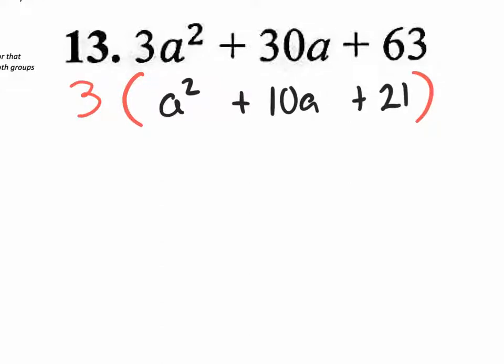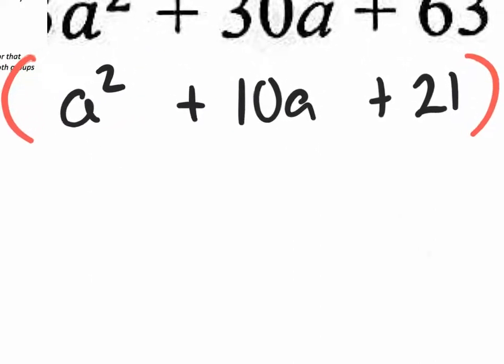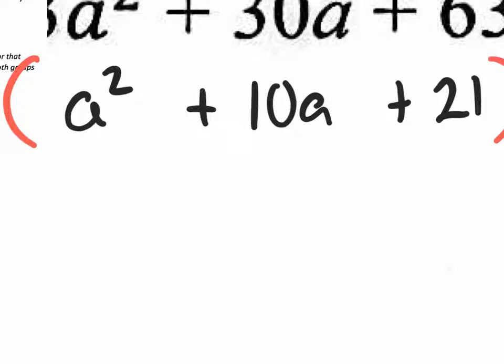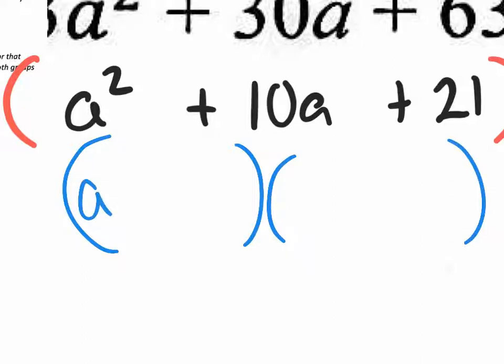Now that we pulled out a 3, I could zoom in to the inside of my parentheses, and that is a standard form quadratic trinomial that has an a value of 1. There is no number in front of the a squared, which means we could apply the shortcut. So the shortcut is going to be an a right there and an a right there.